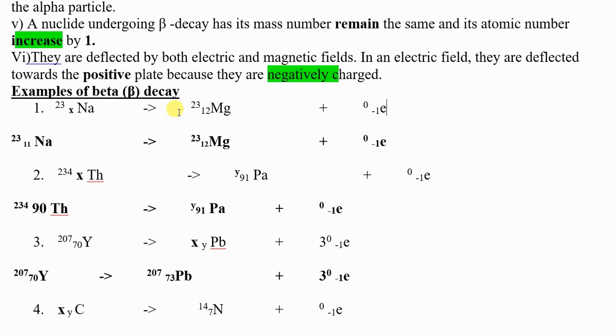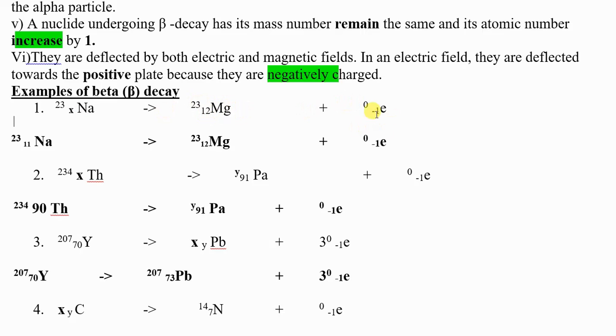So let us look at an example of beta decay. We have sodium here, which has atomic number of X and a mass number of 23. So what happens? What have you seen?